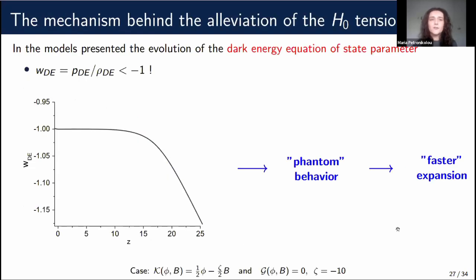For this scenario, the mechanism behind the alleviation of the H-knot tension appears to be the behavior of the equation of state parameter for dark energy, which seems to exhibit the phantom regime, where W dark energy is less than -1. So this phantom behavior leads to faster expansion. And here you can see the plot we obtained for the first model we constructed, and we obtained the same behavior also for the second model.